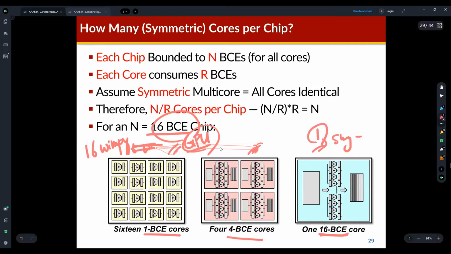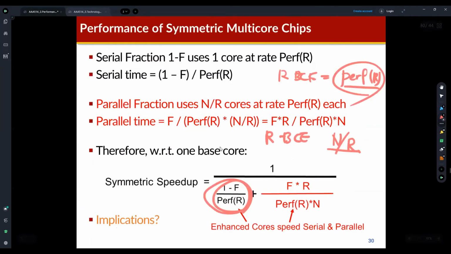The number of cores for the parallelizable part is N divided by R. This is the performance for the parallelizable part, so we can reduce the execution time with the multi-core.